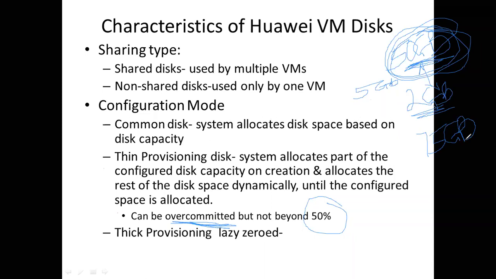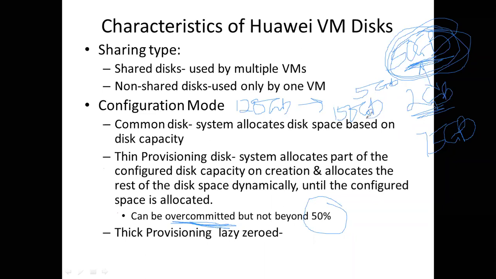All right. So sometimes you can get a question, for instance, in thin provisioning mode. I remember seeing a question that said a 128 gigabyte disk can be allocated 150 gigabytes, something like that.